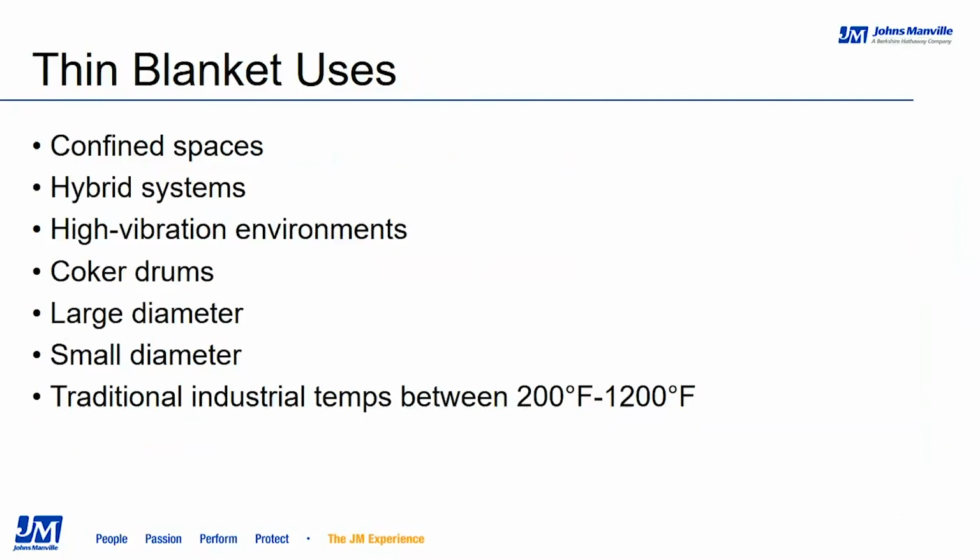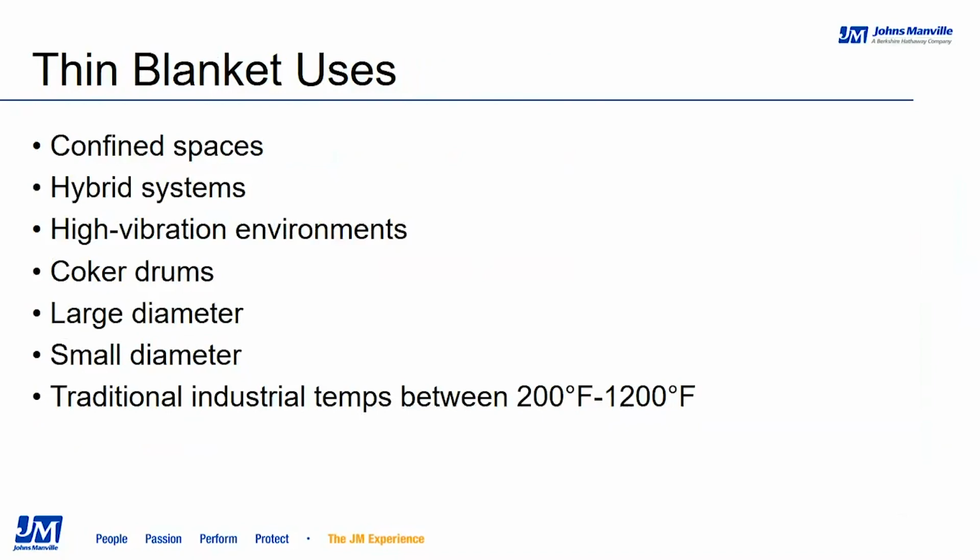The next way we recommend using these materials would be in what we call hybrid applications. And this means installing InsulThin in conjunction with other traditional insulations such as calcium silicate, perlite, or mineral wool. A great example I can give is when mineral wool is specified on high temperature applications. As most industry professionals are well aware, mineral wool experiences what is often referred to as binder burnout, which can begin when exposed to temperatures above 300 degrees Fahrenheit and can lead to a calamity of problems in an industrial environment.